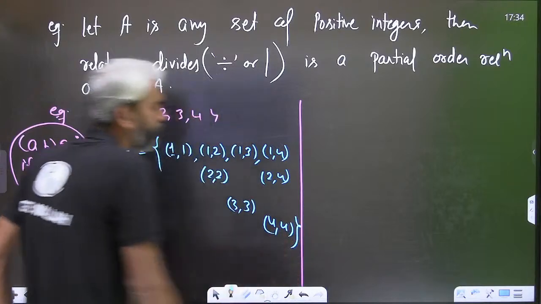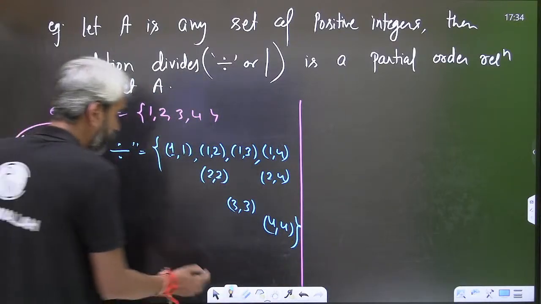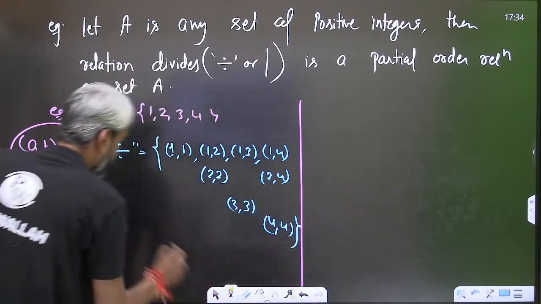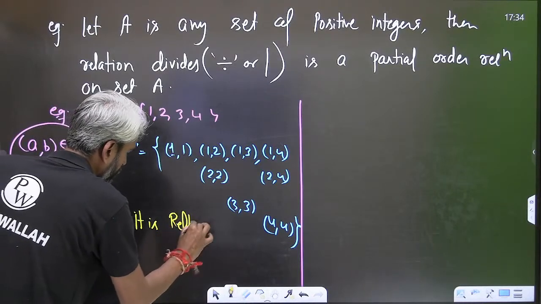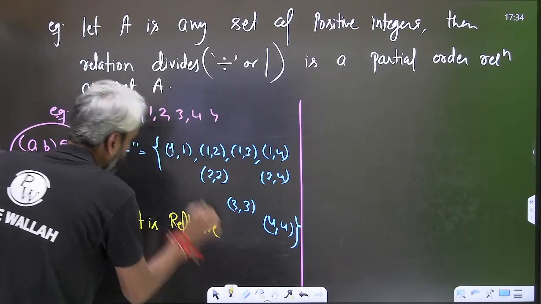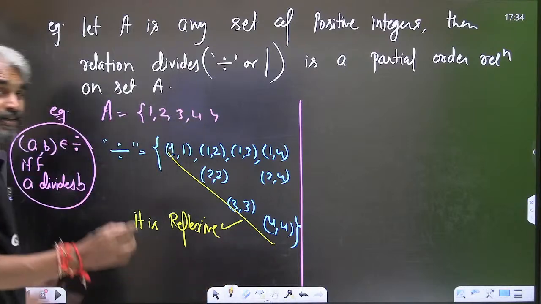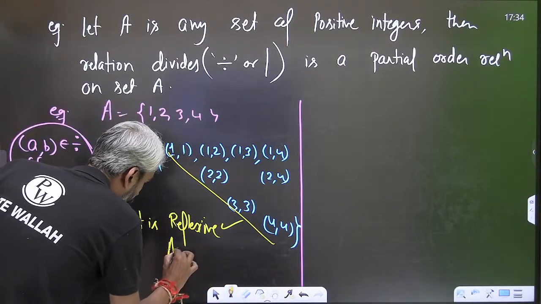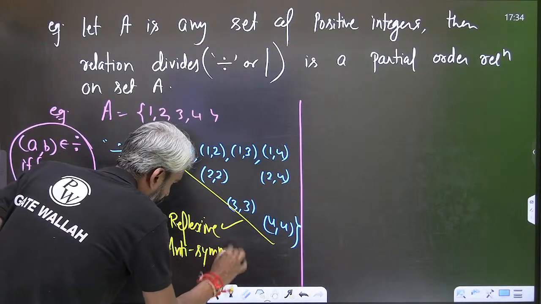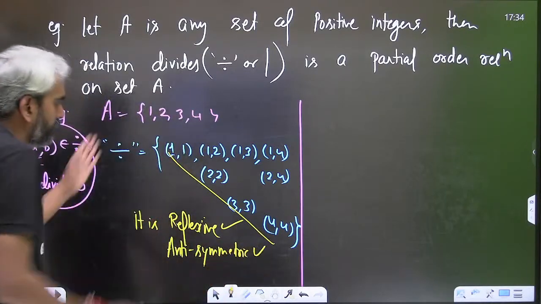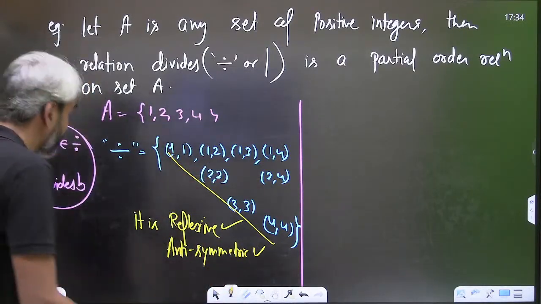Is it a partial order relation? Sir, first of all, it is reflexive. You can check, all ordered pairs are present. Is it antisymmetric? Yes, sir. Only the ordered pairs from one side are present. Is it transitive?